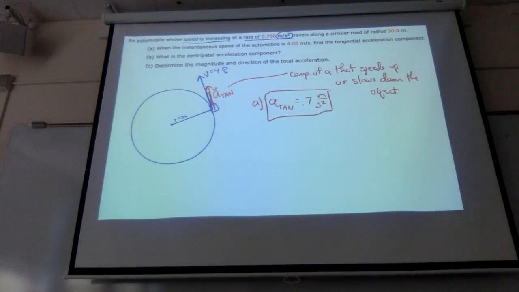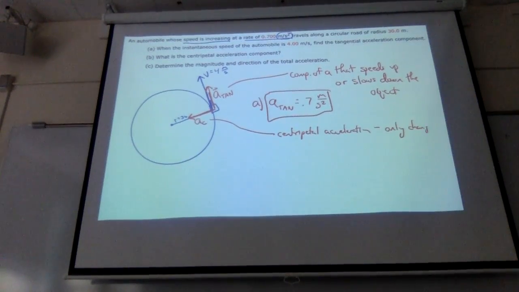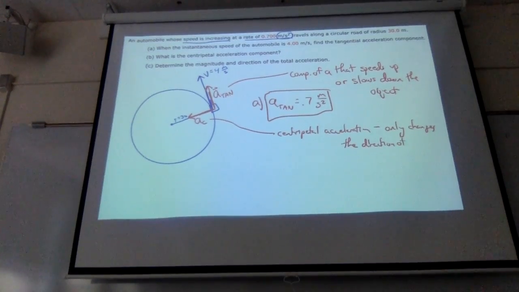There's another component to the acceleration, one that is perpendicular to the velocity. Remember, it's called AC, or centripetal acceleration. This is the part that only changes the direction of the velocity.